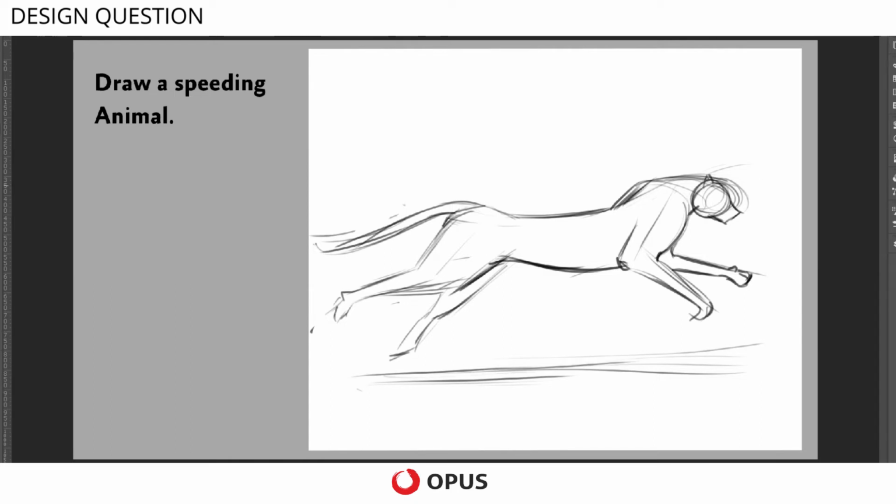After that you can give certain facial features and other bodily features which can help establish your drawing.